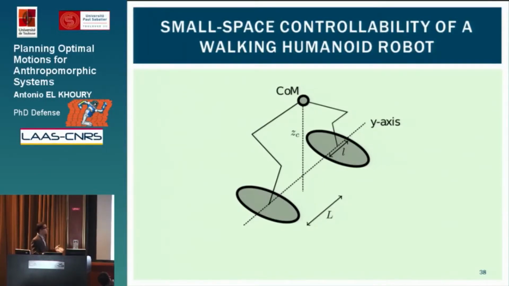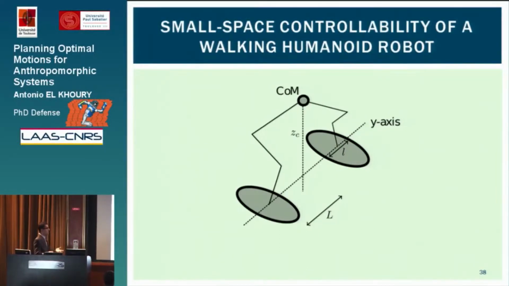So if you want to prove that such a system is small space controllable, we need to prove that, for example, we can lift the foot and put it back arbitrarily closely to the original foot, while making sure that the center of mass stays inside an arbitrarily small neighborhood of the original position.